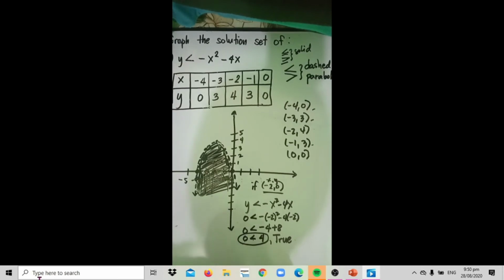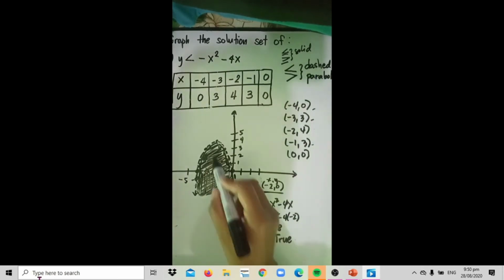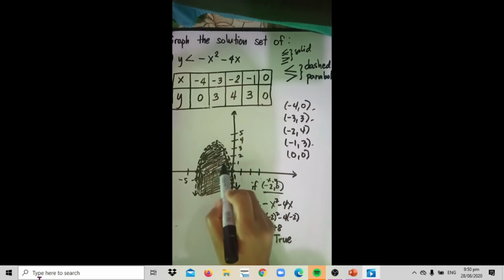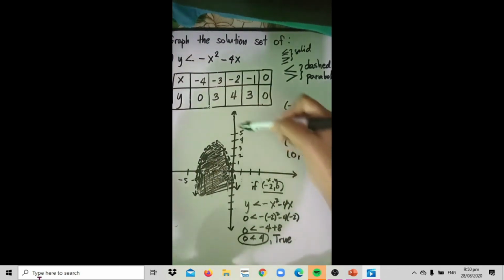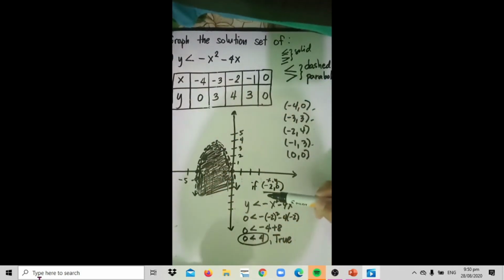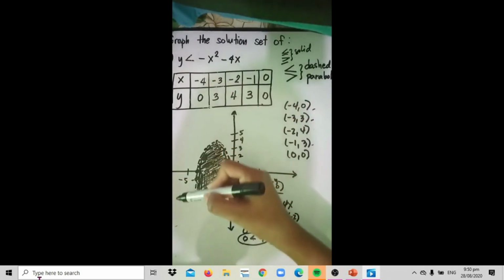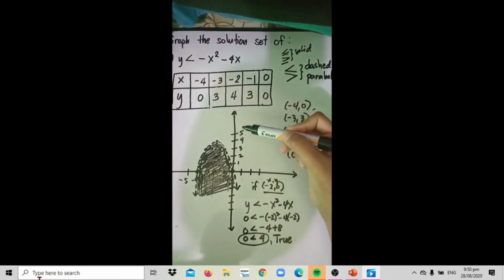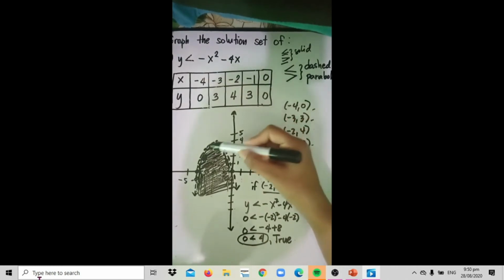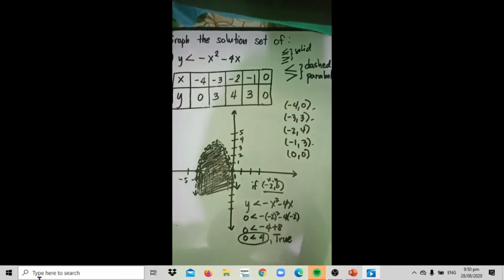Ang parts lang ng solution set, yung mga points na nasa shaded region, included sa shaded region. Pero all the other points na nasa labas ng parabola natin, yung unshaded region sa Cartesian plane natin, including the points along the parabola, are not part of the solution set. Okay?